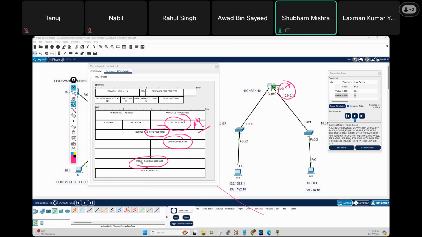It means this router doesn't know the MAC address of the target IP, that is 10.1. So the target IP's MAC address is unknown for this router. That's the reason the target MAC is 000. Clear? What is the destination MAC address? FFFF. And it proves this is a broadcast message.